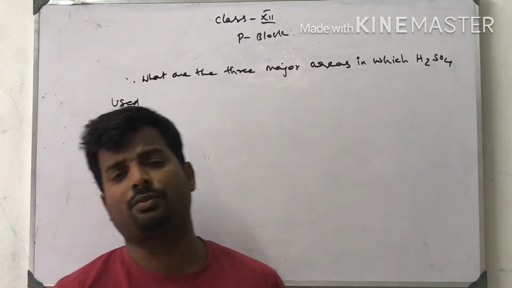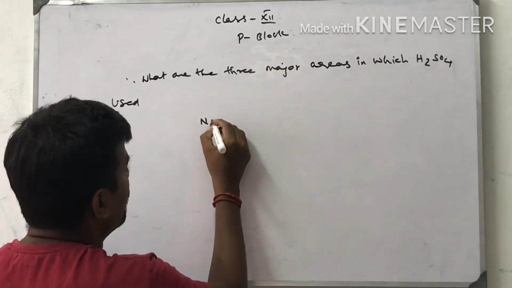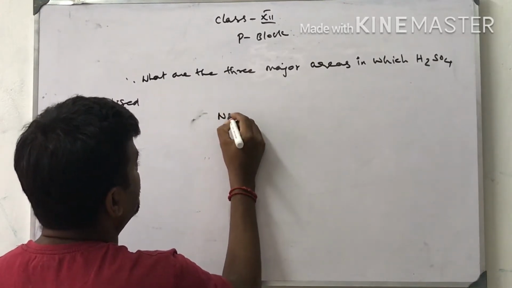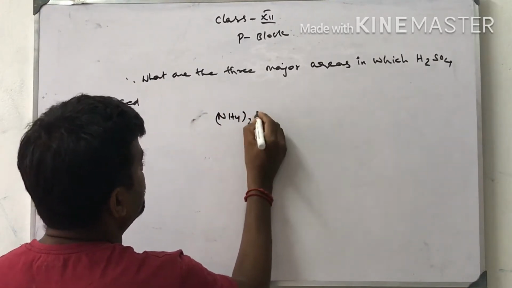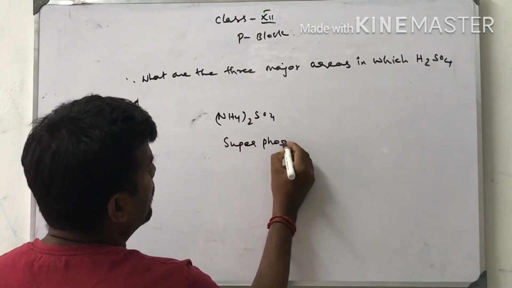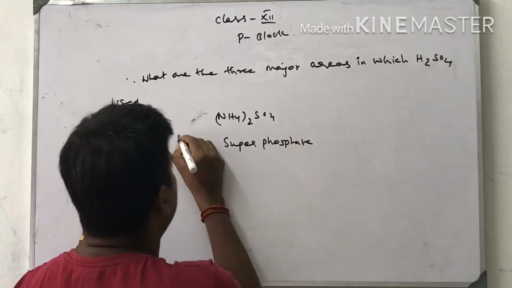Sulfuric acid is used for the manufacture of fertilizers like ammonium sulfate, superphosphate, etc. And it is also used for refining petrol. That is the first area.